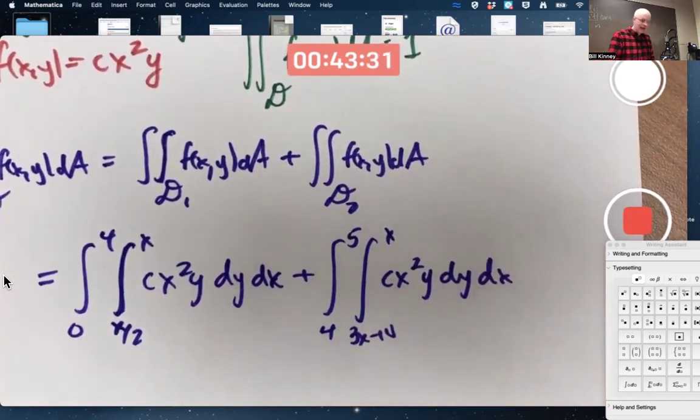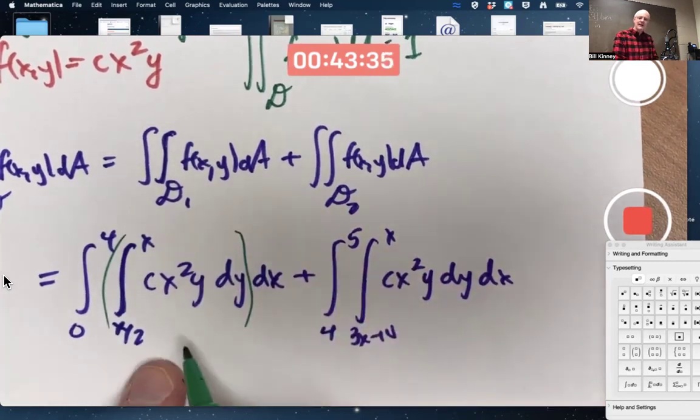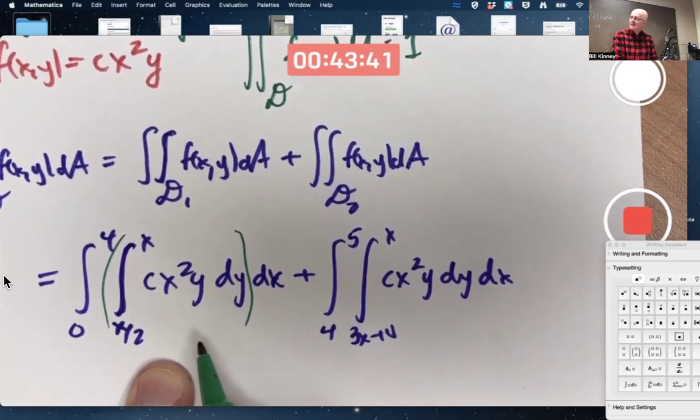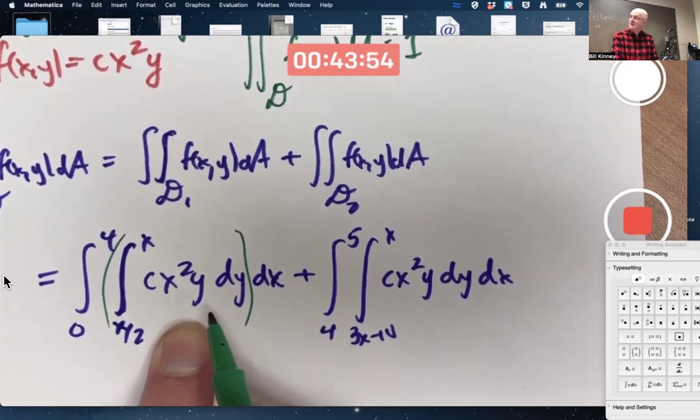I could certainly do this by hand, but I'm running out of time. Let's try to imagine doing this integral by hand. I'd be integrating with respect to y. I treat the x like a constant. If I integrate c x squared y with respect to y, I'll get a y squared over 2. C over 2, x squared, y squared.